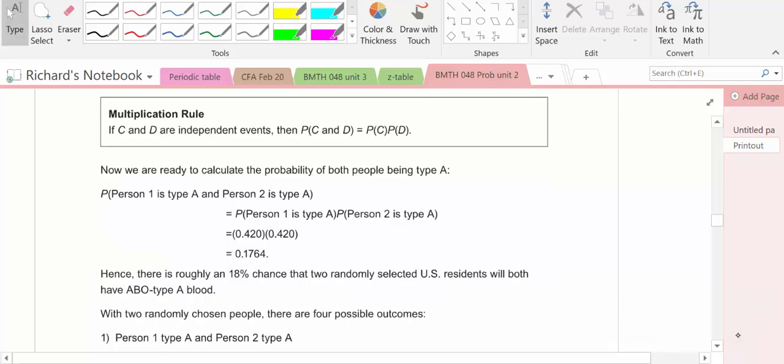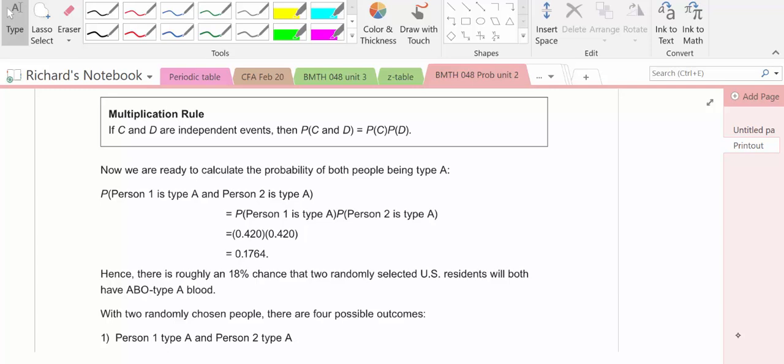So the multiplication rule occurs when you have two or more events, but in our situation, two events, where both events are occurring. So in this case, we want to find out what is the probability of two randomly selected people from the US population both being type A blood.